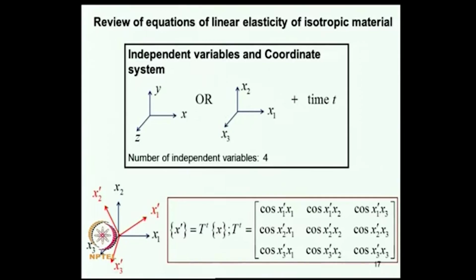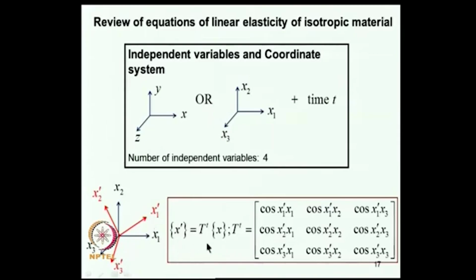Now, we can make a coordinate transformation. We can have one coordinate system x1, x2, x3, and another one x1 prime, x2 prime, x3 prime, and we would like to know how to transform quantities described in x1, x2, x3 to the new coordinates x1 prime, x2 prime and x3 prime.